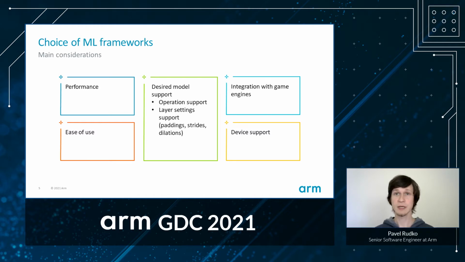High-level frameworks make it easier to get things running, but native options such as CoreML, for example, can provide better speed. Also, sometimes with different ML frameworks, the desired model support can be an issue if the framework, for example, lacks support of certain operation types or adds restrictions on certain layer settings such as padding, strides, or dilations.